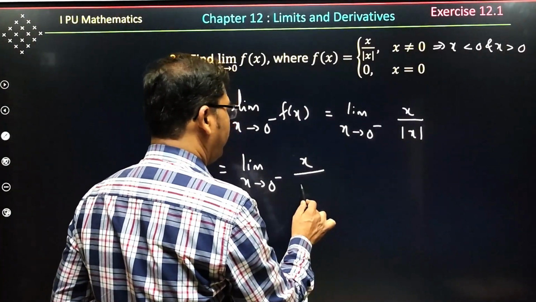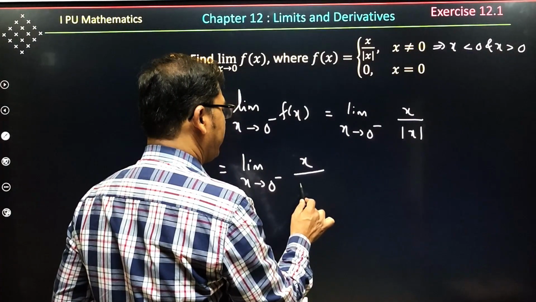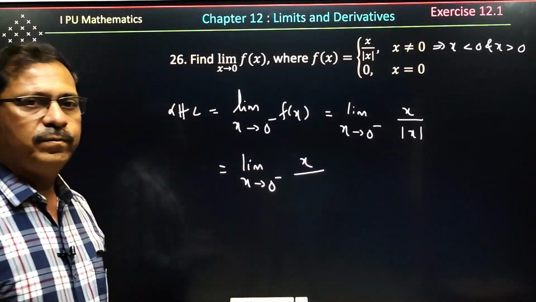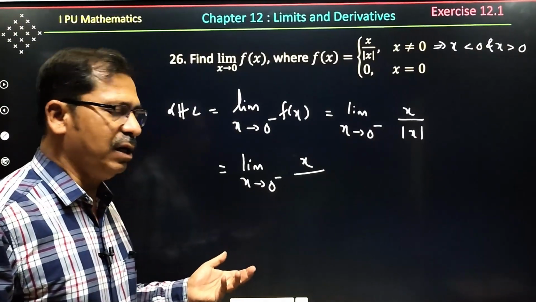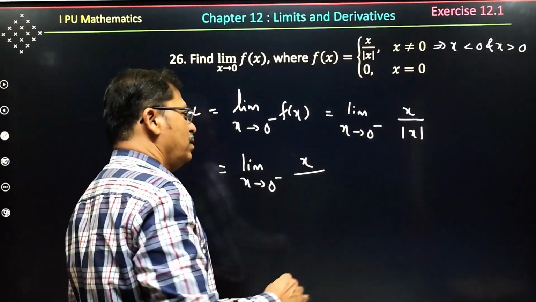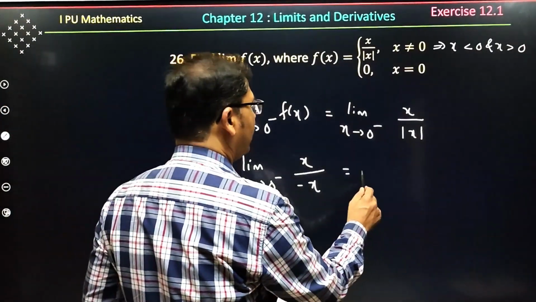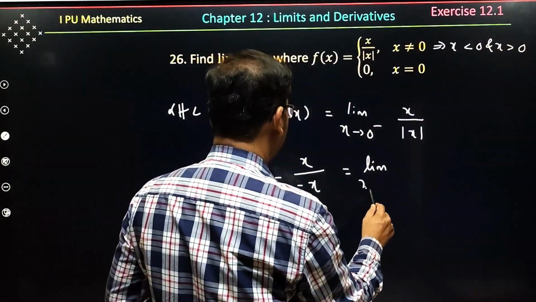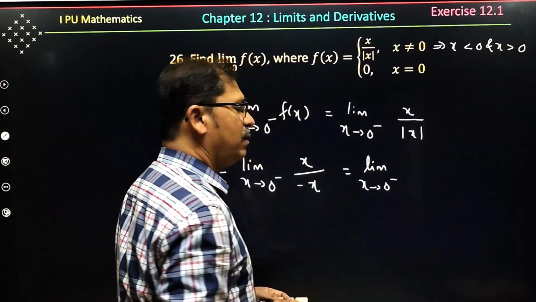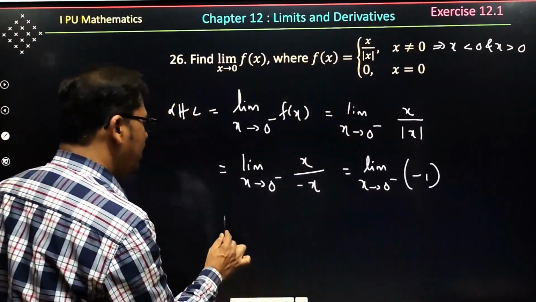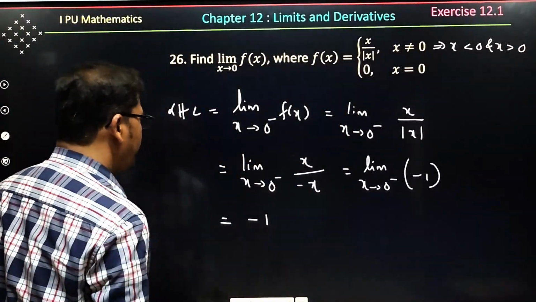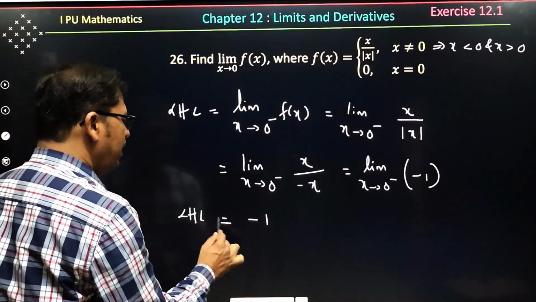What will you write? Do you not understand the meaning? Will you write x or minus x now? Minus x, I have already said that. How long should I keep saying it? Limit x tends to 0 minus, what more should I tell you? I have made everything clear. So minus 1. So the answer is minus 1 only. So the left hand limit on simplification leads to minus 1.